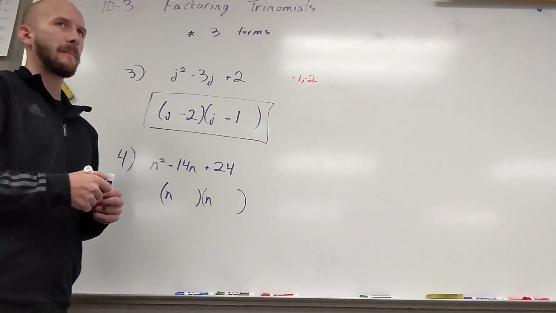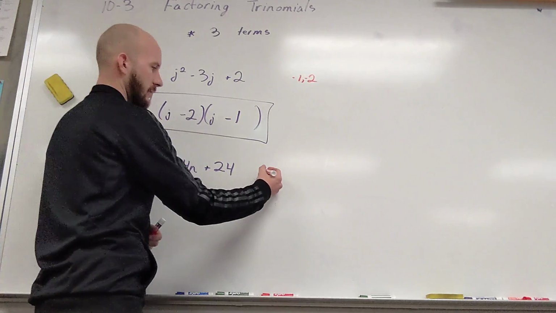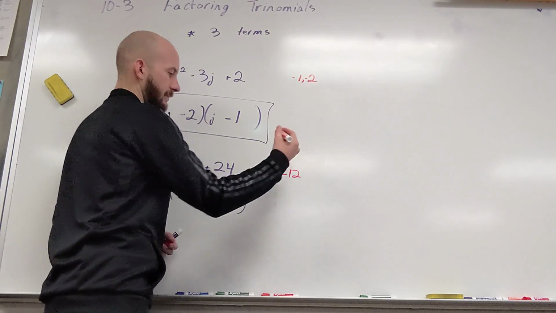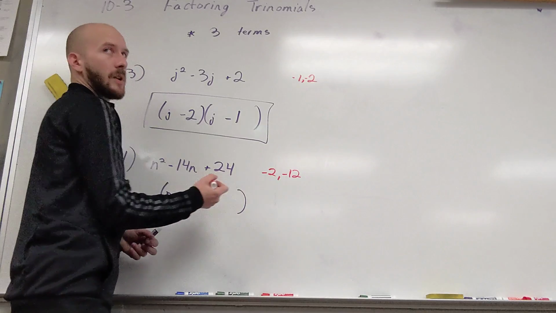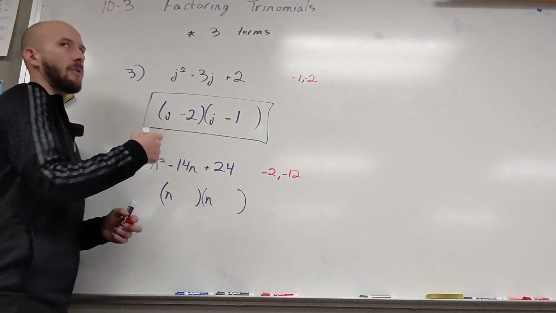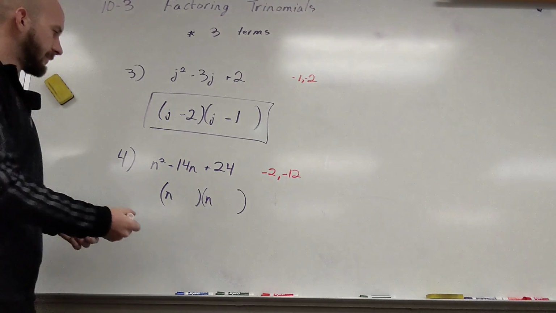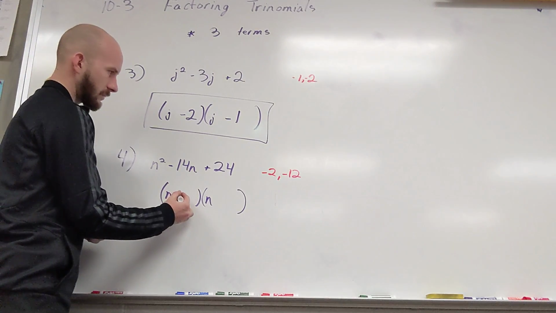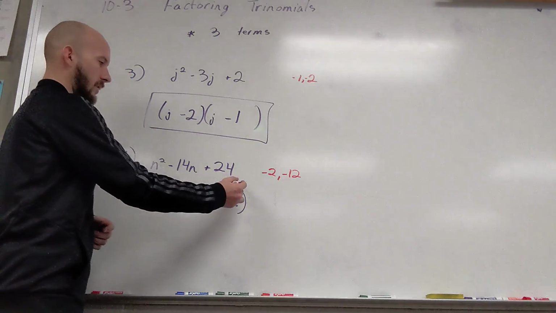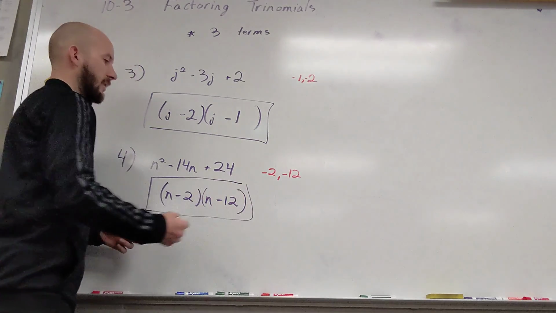Minus 12, minus 2. Okay. Negative on both. I have to have two negative numbers to multiply to be a positive, and then also add to be negative. Okay, and you can check your answer using foiling.